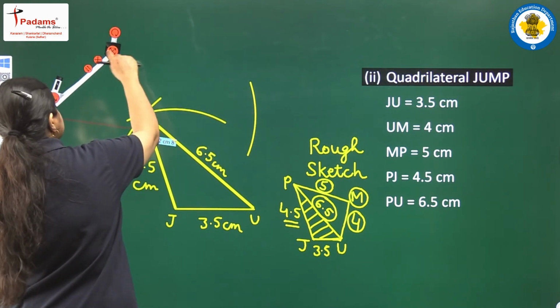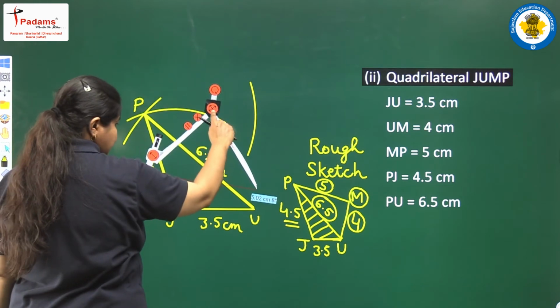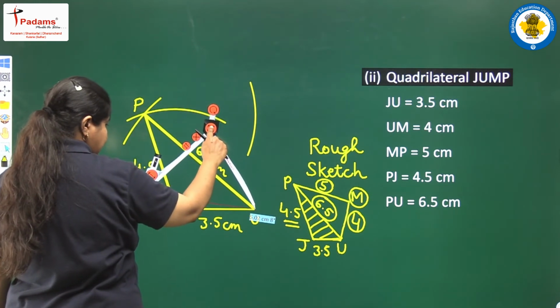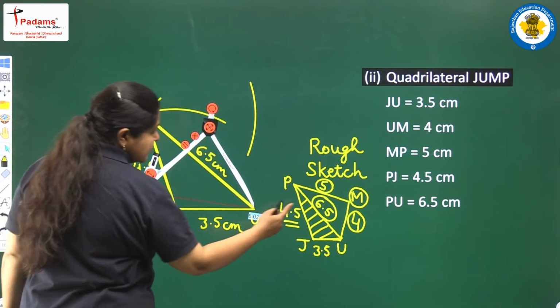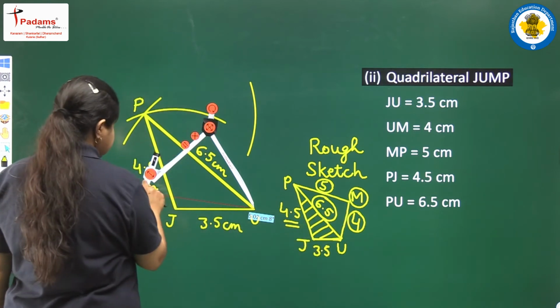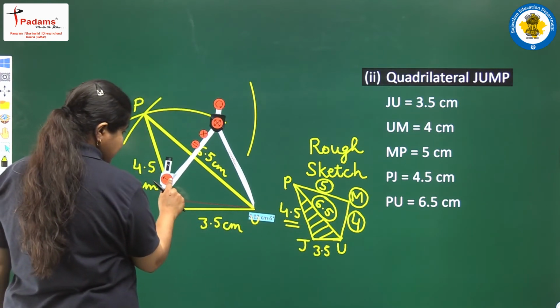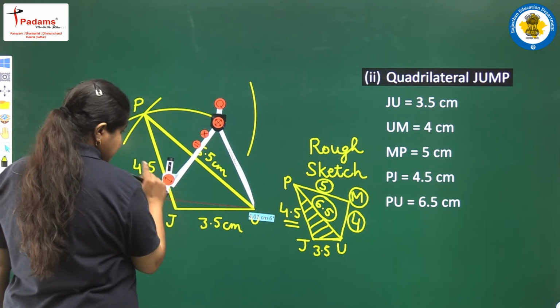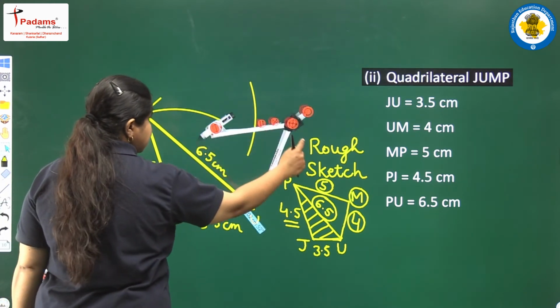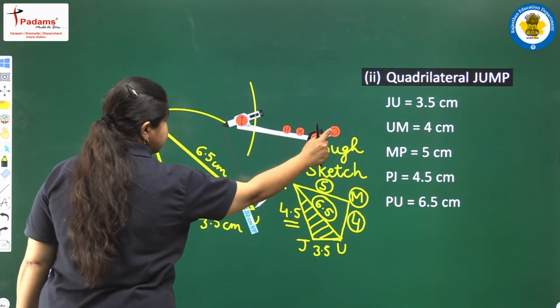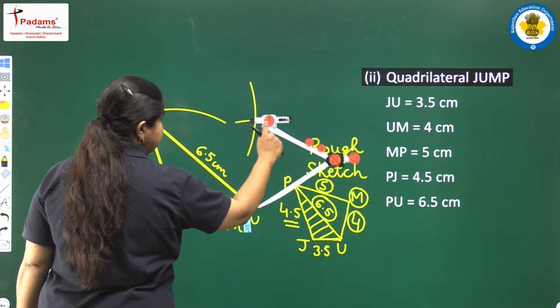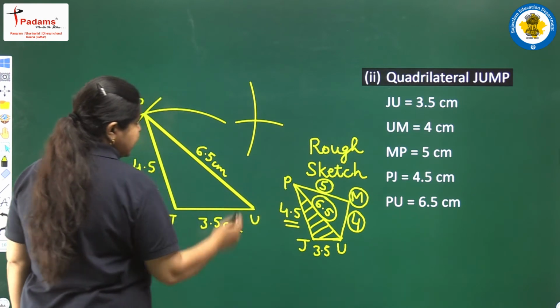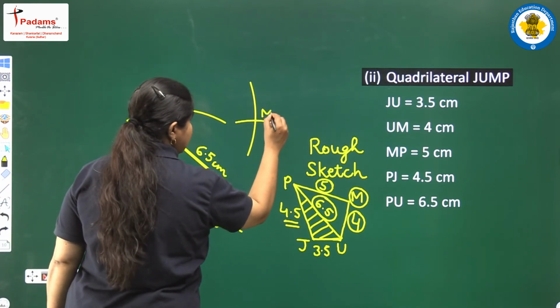Interchange, and we will take it to point U, and we need to get the radius of 4 centimeters. Let us first bring it to 4 centimeters. We have it with us, and then we will draw another arc in this way, and now we will write it as point M.